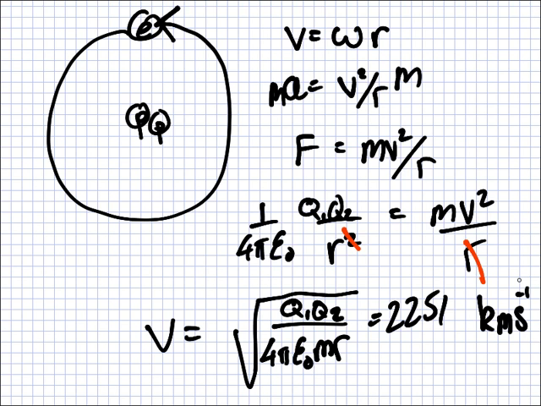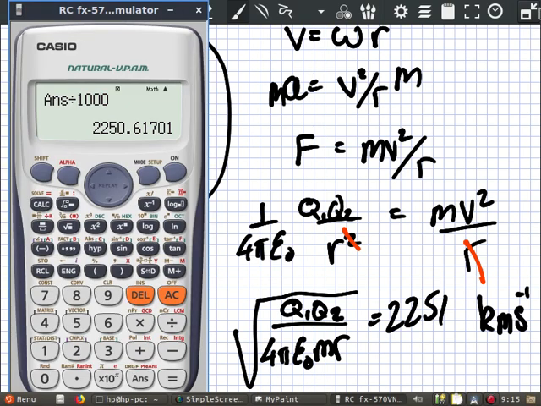Can I look at the next one now? Yeah. An electron is trapped in an orbit around a proton. How much energy is required to free it? This is the ionization energy from chemistry, isn't it?